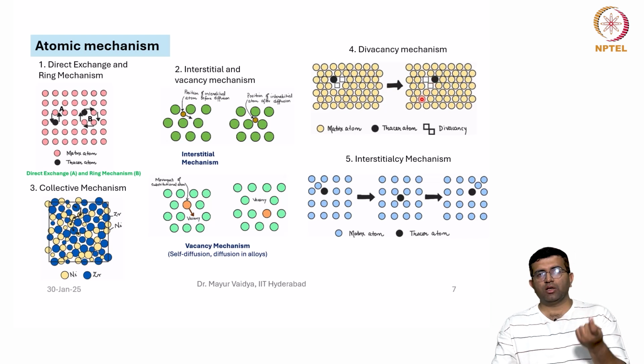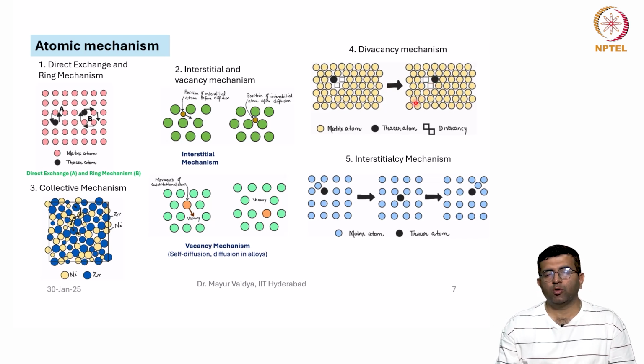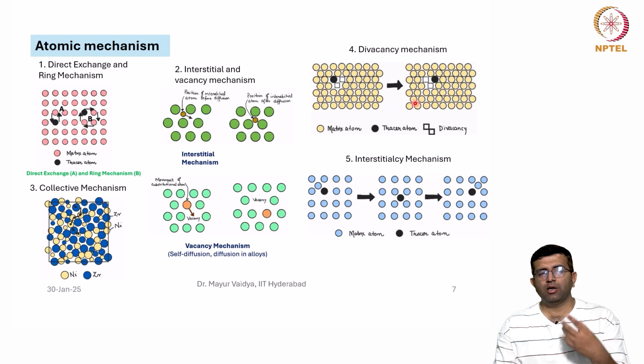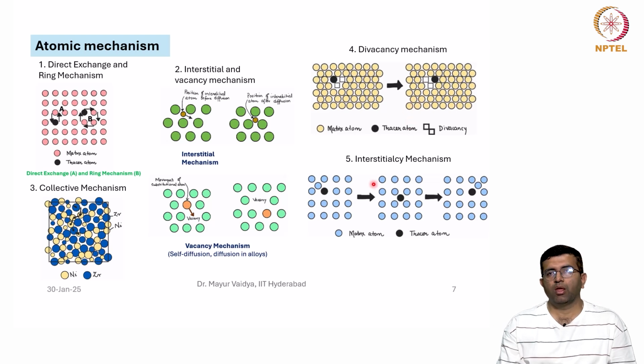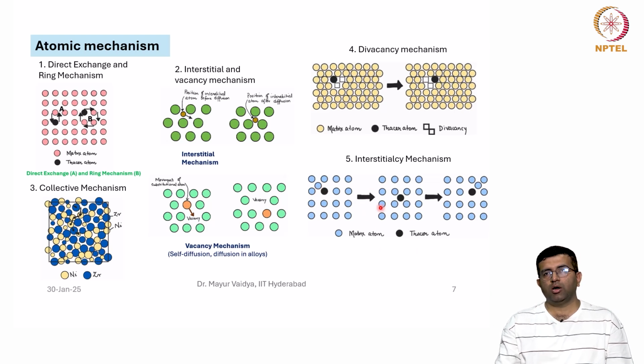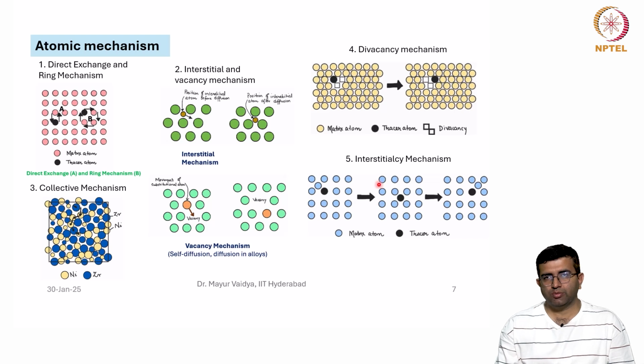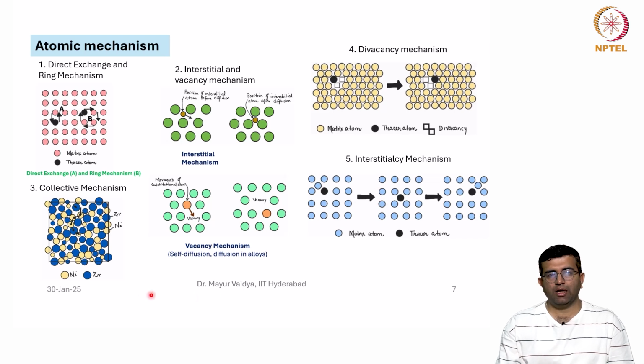This is particularly more present at higher temperatures. We have also seen the interstitialcy mechanism of diffusion, where a self-interstitial atom is involved in the diffusional process. This is more prevalent for semiconductors and for ionic solids.